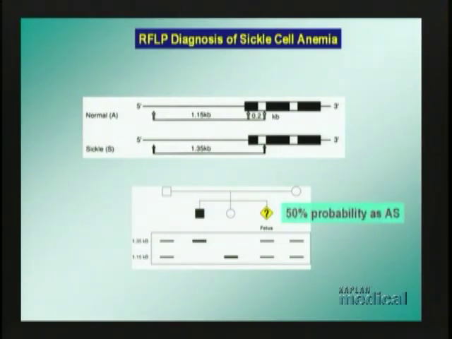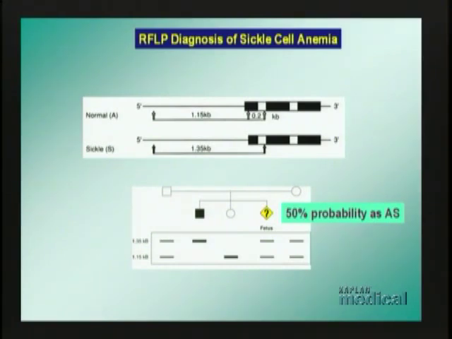And the answer is, based on the pedigree alone, the fetus has a 50% probability of being a carrier for sickle cell anemia. Why? Because sickle cell anemia is an autosomal recessive mode of inheritance. So what this means is the father as well as the mother must be carriers, and they're passing on the trait to the fetus with a 50% probability of being a carrier, a 25% probability of being normal, and a 25% probability of being homozygous for the sickle beta globin allele.